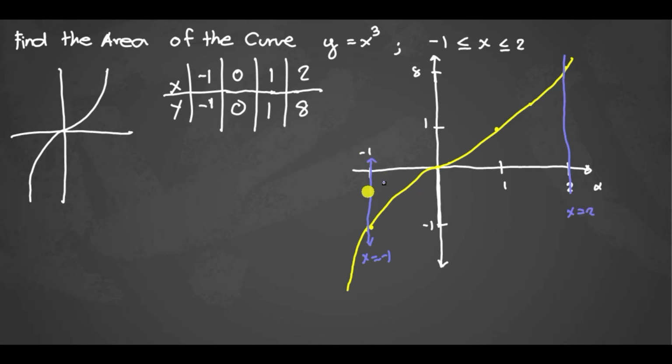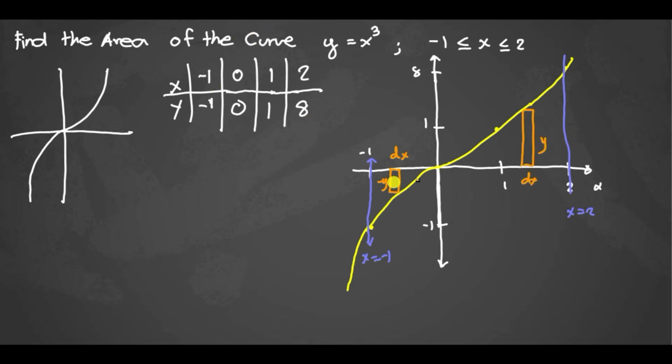Notice that we have two areas under the curve of our function: this will become our area 1 and this will become our area 2. By constructing a rectangle, we have a base of dx and a length of negative y. The other area is dx and y.